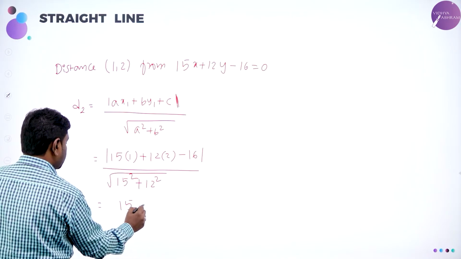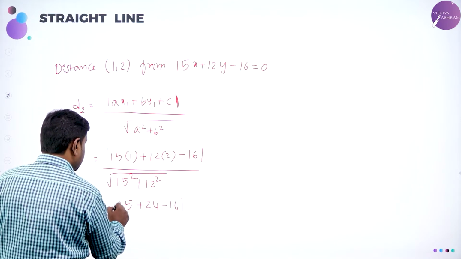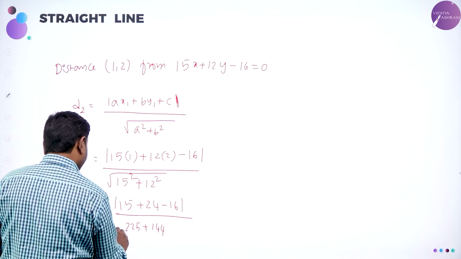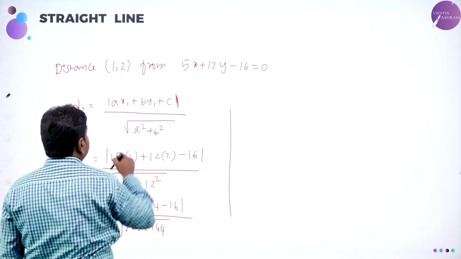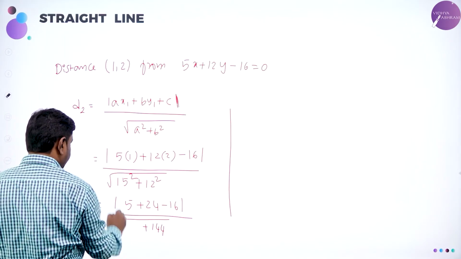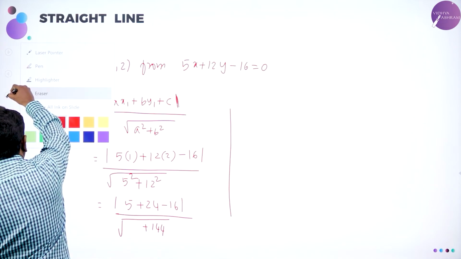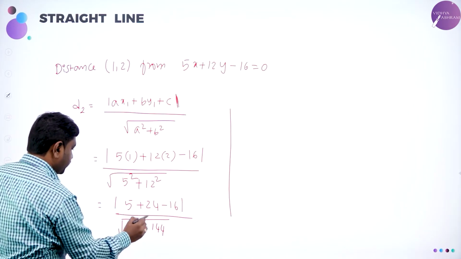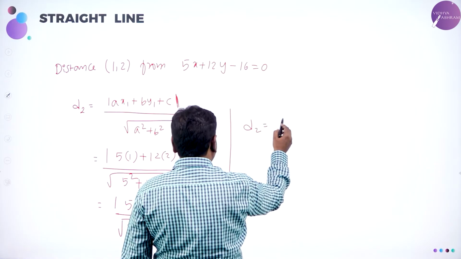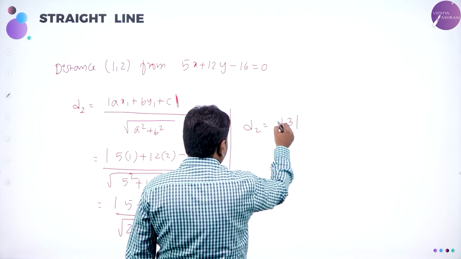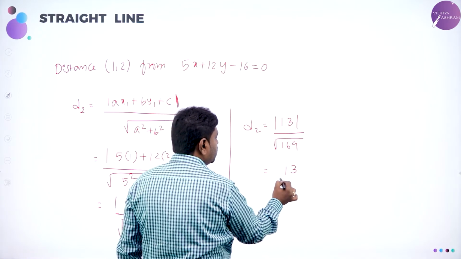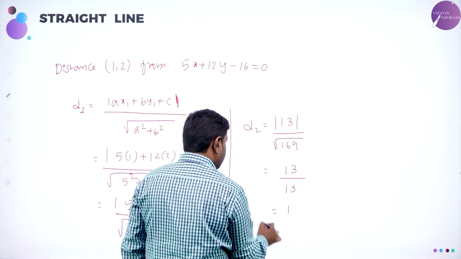Numerator: 5 plus 12 2s are 24, minus 16, modulus, divided by 5 square is 25 plus 12 square is 144. Simplify this. So D2 is 24 plus 5 is 29, 29 minus 16 is 13. Modulus of 13 divided by root 169. Modulus of positive 13 is 13, root 169 is also 13, 13 by 13 gives you 1.